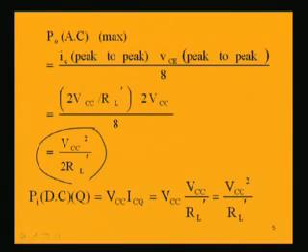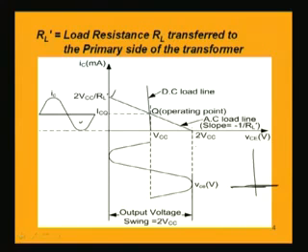this is the output power, and the input power, which is a DC power, is provided by the source or battery VCC, and we know that the DC power is equal to VCC into ICQ, and that can be written as VCC into VCC by RL dash, because this current ICQ at this point is the DC collector current, which is the Q point collector current.